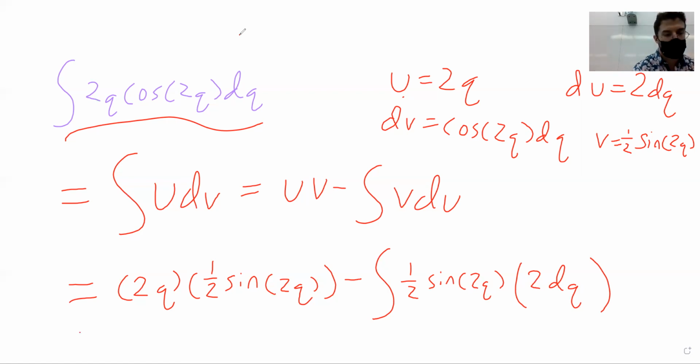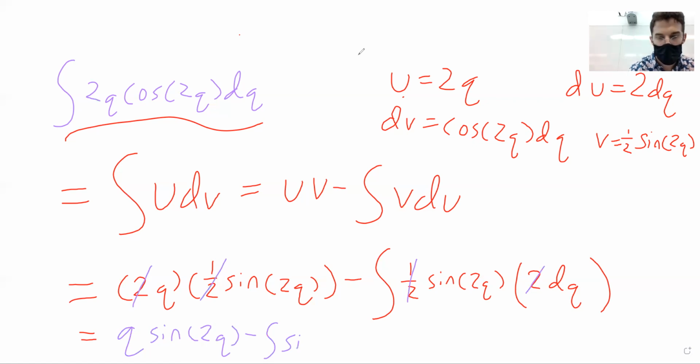All right. So we're going to get some simplification. So what's going to happen here? 2's will cancel. We have q times sine of 2q minus, 2's cancel again, integral sine of 2q dq.